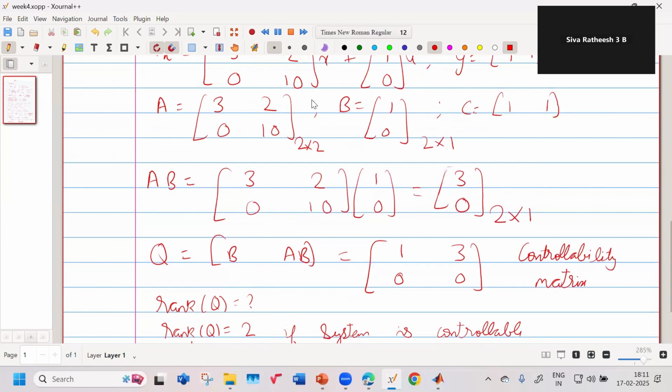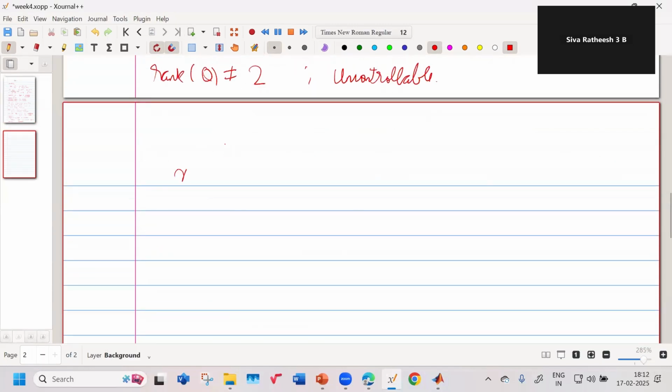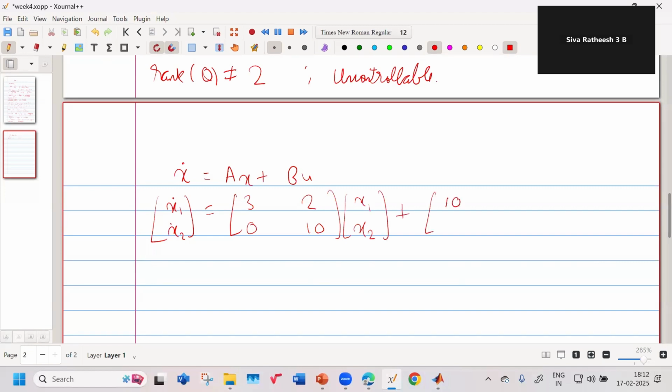So we had a page. We know the system is given by x dot is equal to Ax plus Bu. This is our system, right? And this is x1 dot, x2 dot. The matrix is 3, 2, 0, 10, into x1, x2, plus 10, 0, u.